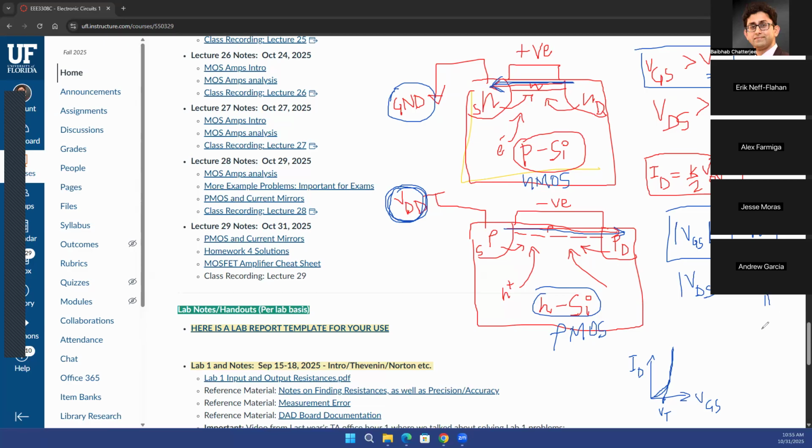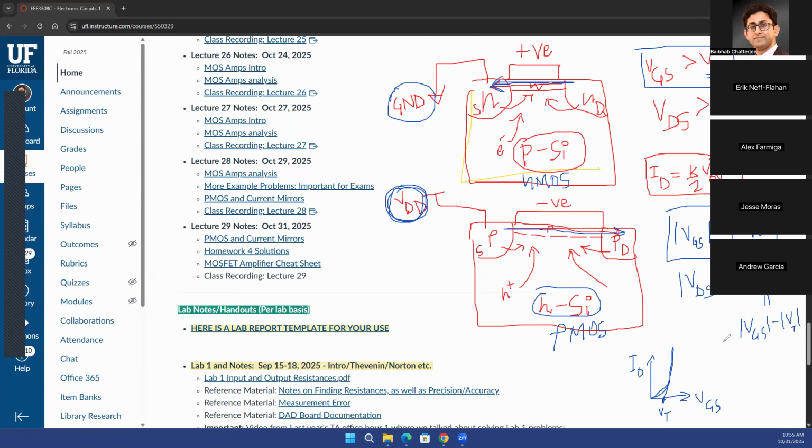Your V overdrive is going to be the absolute value of VGS minus the absolute value of VT. So wherever you had a quantity, VGS, VDS, V overdrive, VT, everything becomes absolute value. That's it. So your V overdrive, absolute value, is the absolute value of VGS minus absolute value of VT. Again, a very generic formula for both NMOS and PMOS, so that you don't need to remember them separately.